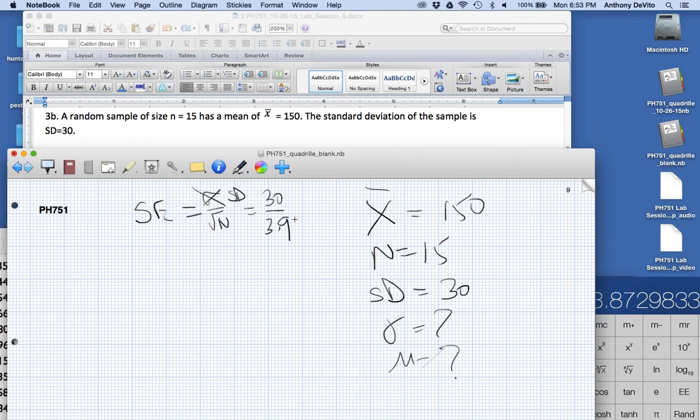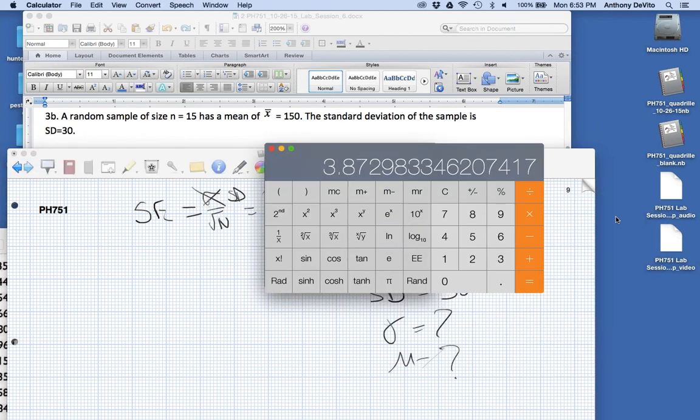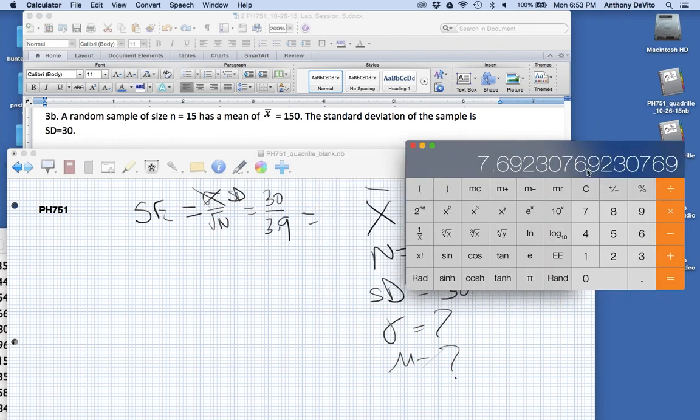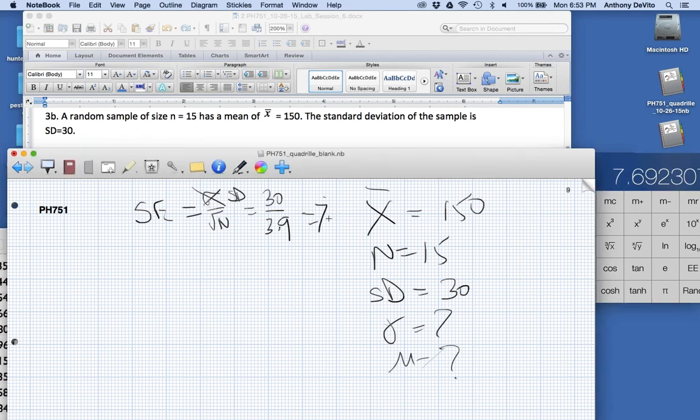So my standard error is going to be 30 divided by 3.9, which is equal to 7.7. There's my standard error.